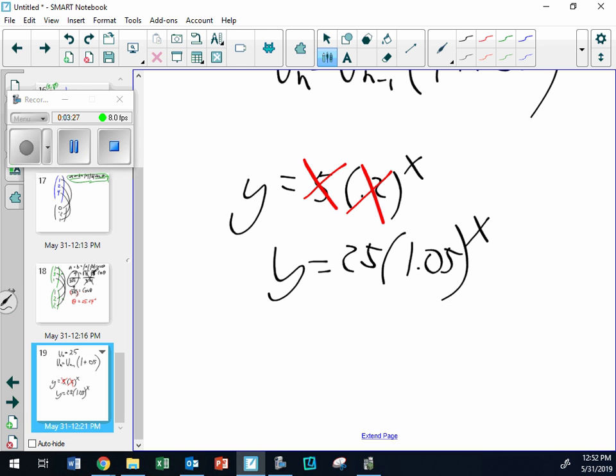Because the follow-up to it is, what if down the road your 25 grows to 100? How long did it take to grow to 100? And really what you're going to have to do now is solve an exponential. And that means you're going to have to remember a whole different branch of math called what?